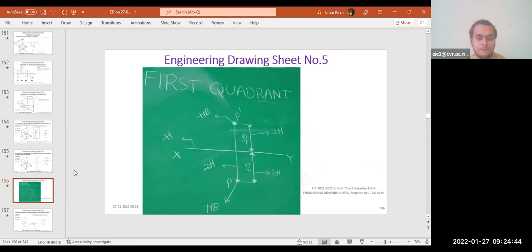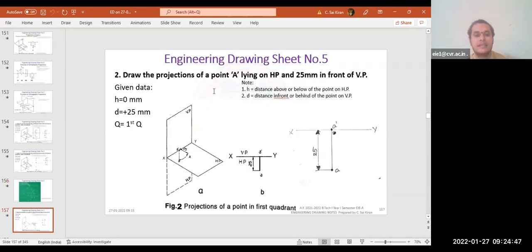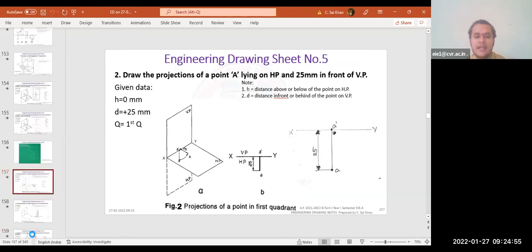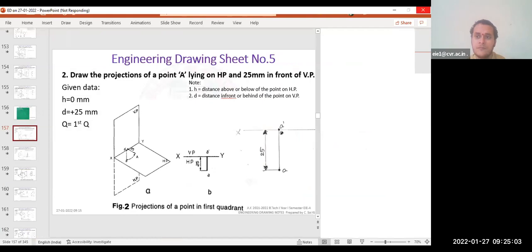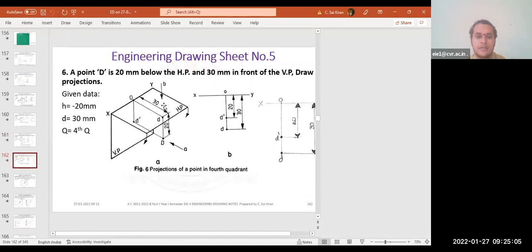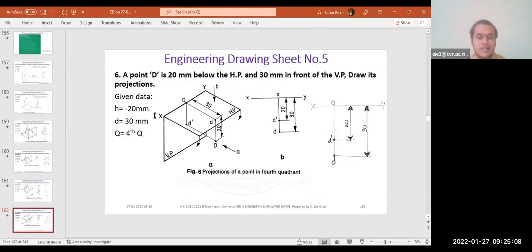Whenever any point is lying on HP, H equals 0. Whenever any point is lying on VP, D equals 0. You have to remember these things before starting the problem. As a 2 marks question in the previous year for your seniors, they asked about a point lying on HP and a point lying on VP.